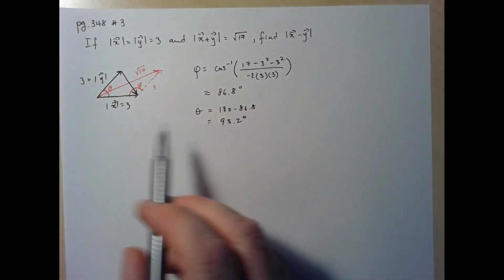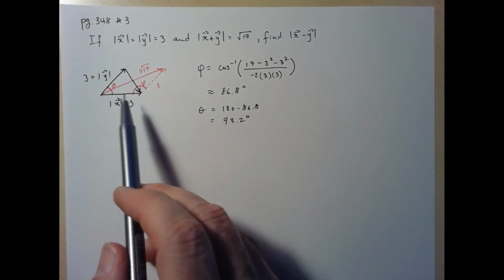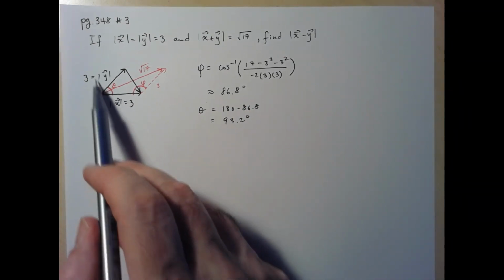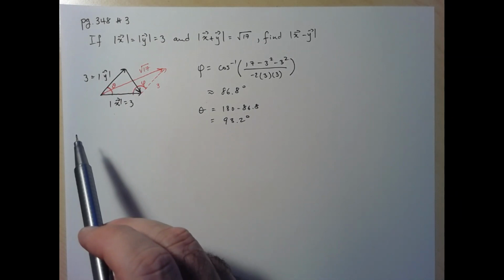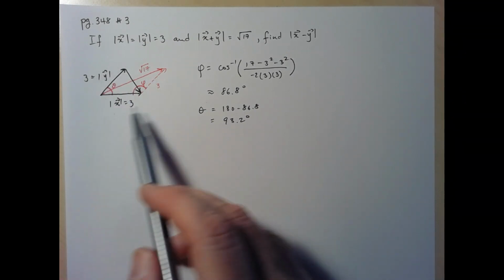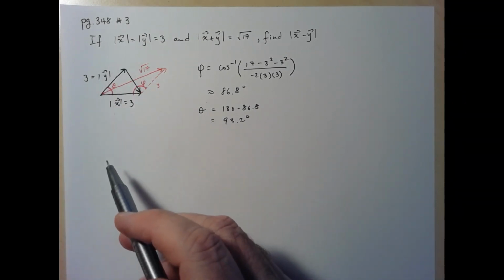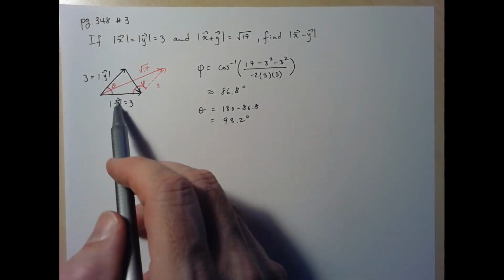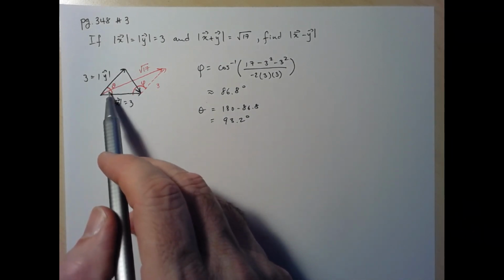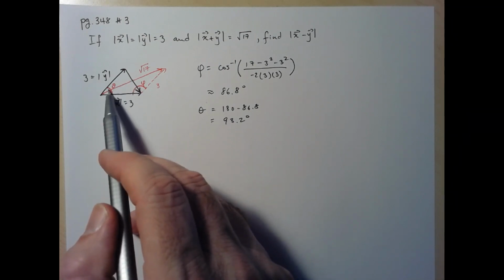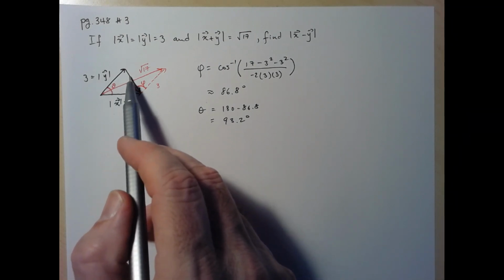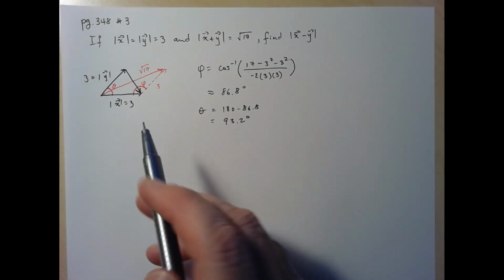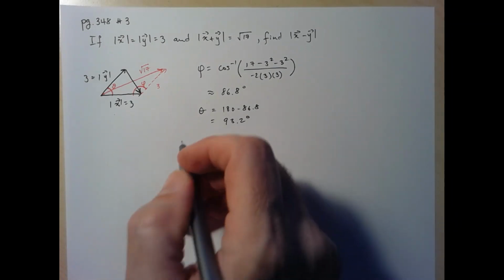Notice here that it turns out my diagram wasn't accurate. This angle was actually obtuse and this one here was acute, but it doesn't matter because, remember, I'm just using this diagram as a guide. Now that I have these two side lengths and the angle opposite the magnitude that I'm looking for, which is the magnitude of x minus y, I can use the cosine law.